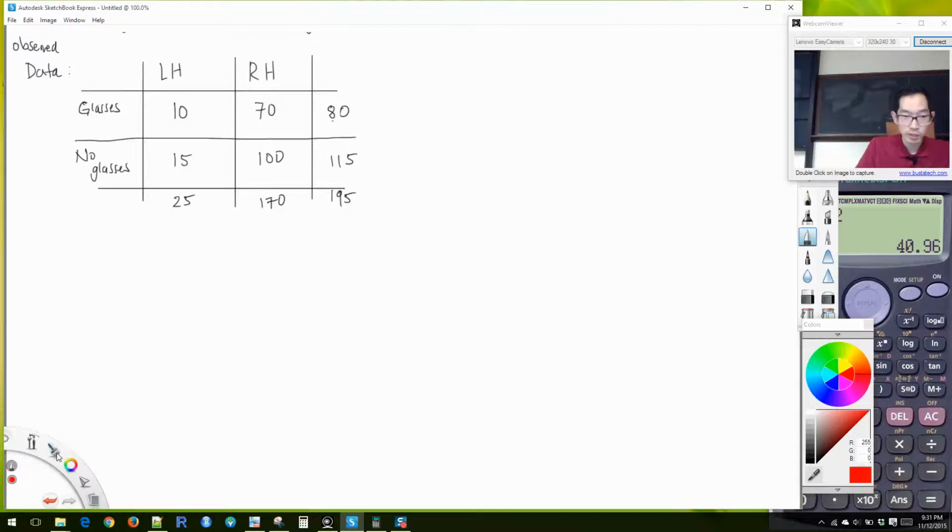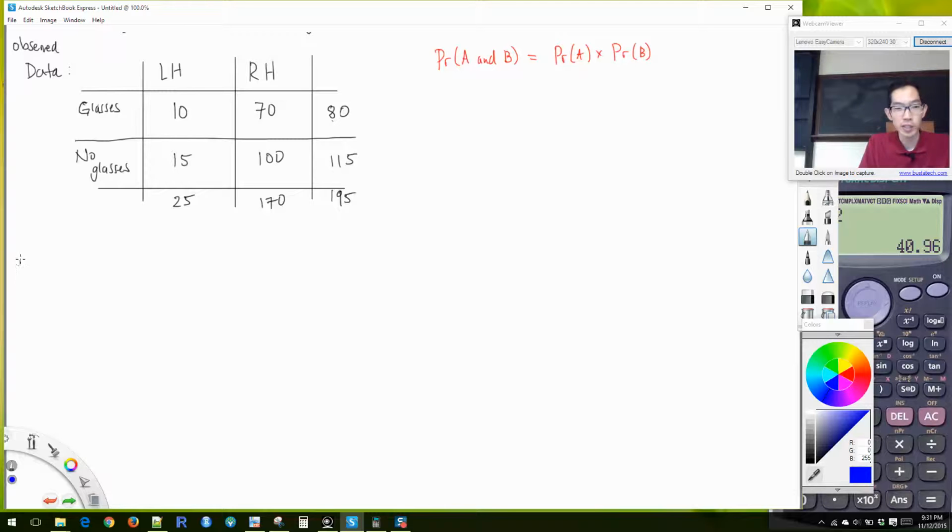So keep in mind our probability rule, right? So the probability rule was that probability of A and B is going to equal the probability of A times the probability of B. Okay? So empirically, what is our empirical probability of wearing glasses?